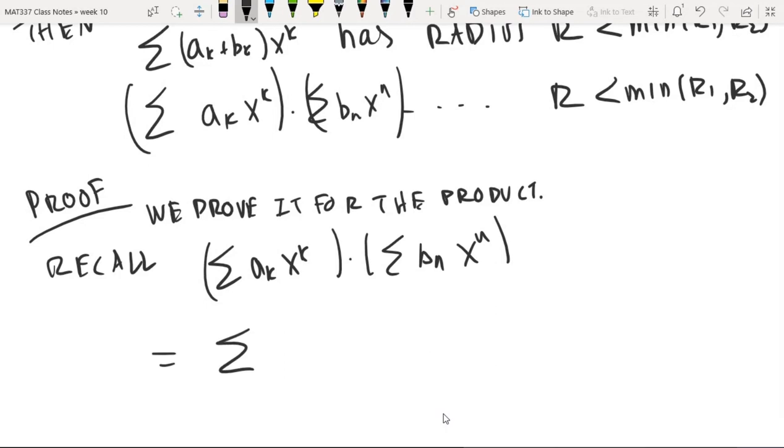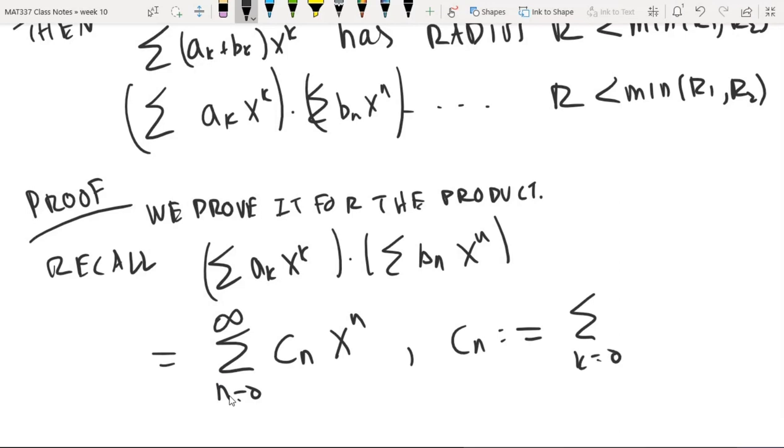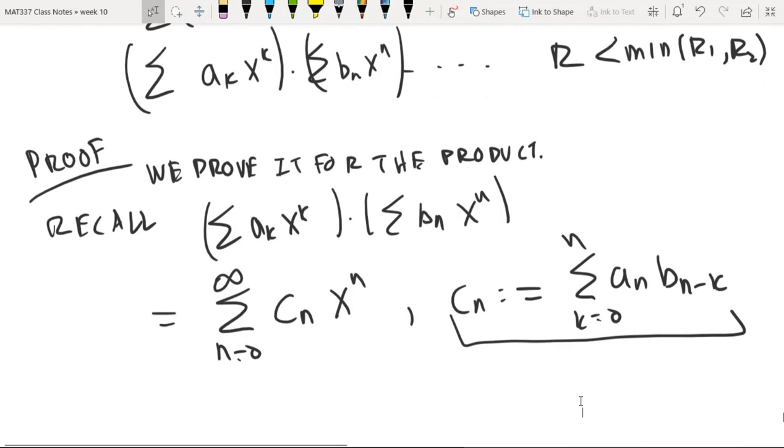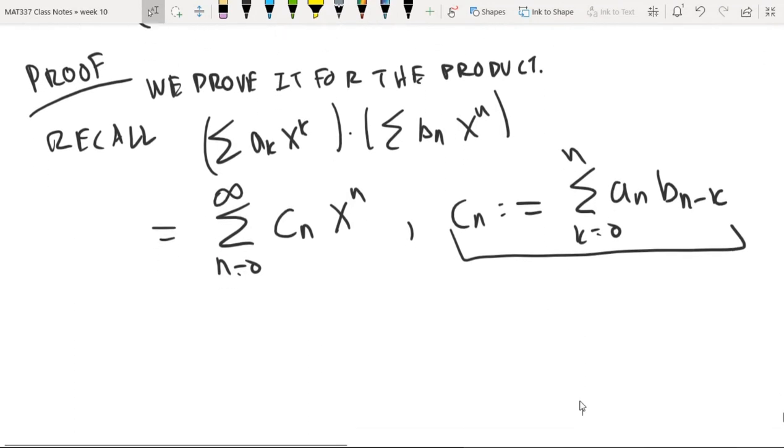This is equal to what is called the Cauchy product. So let me write this: the sum from n equals 0 to infinity of c_n x^n, where c_n is the sum from k equals 0 to n of a_k b_{n-k}.